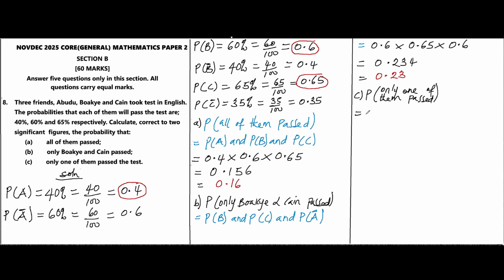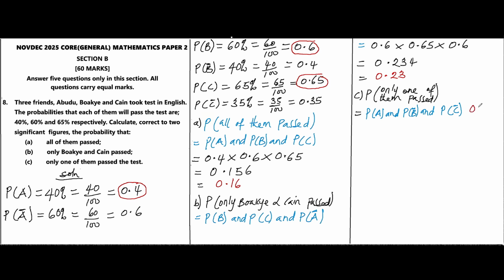Then we can look at Abudu passing and Boakye failing and Cain also failing. So this is one of the conditions.